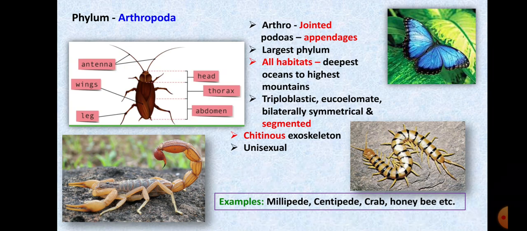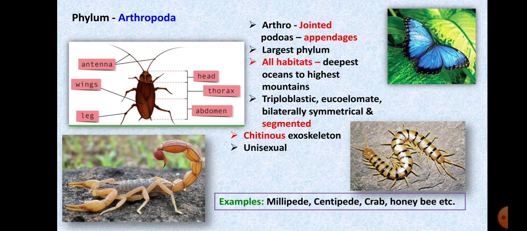Okay, jointed appendages. You can see in butterfly the wings are joined to the body, whereas you come to this centipede, millipede, again you will find those parapodia kind of structure that help them to locomote. Then when you come to scorpion, crab, honeybee, you will be finding that they have appendages joined to the body, right?